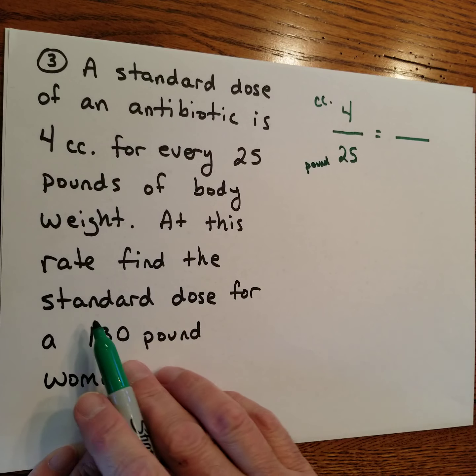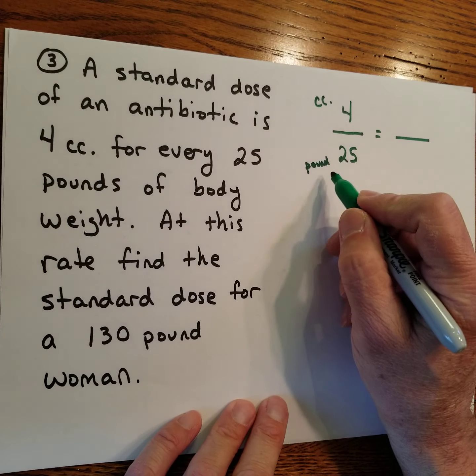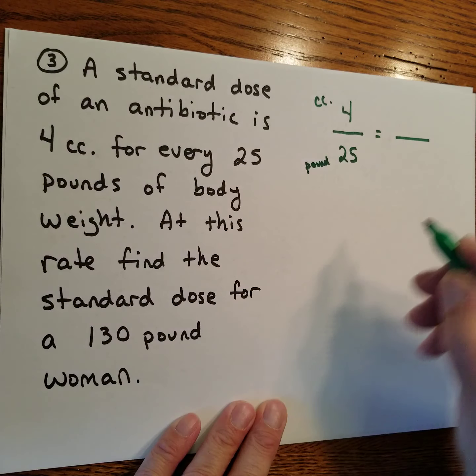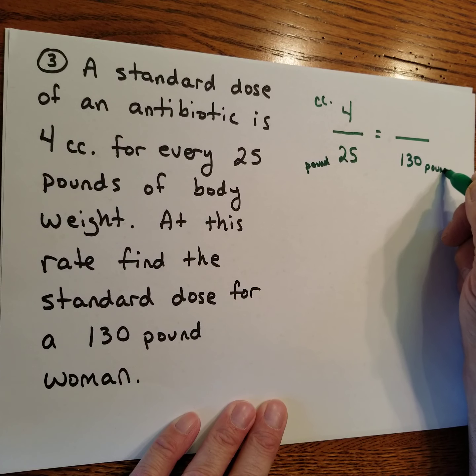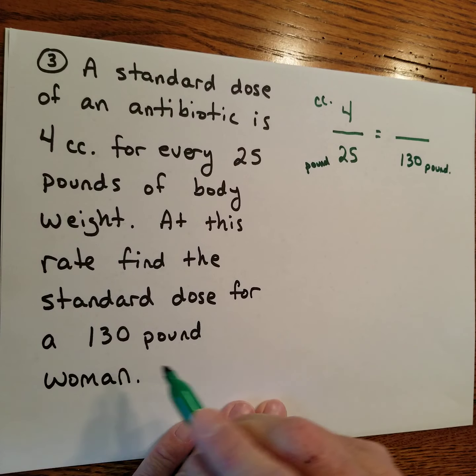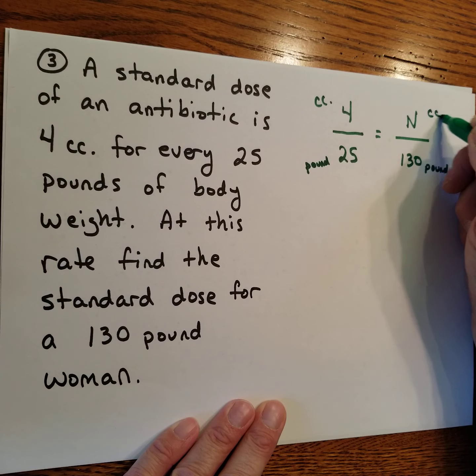At this rate, find the standard dose for a 130-pound woman. I have pounds in the bottom, and 130 is in pounds. My job is to find the standard dose. That's in cubic centimeters.